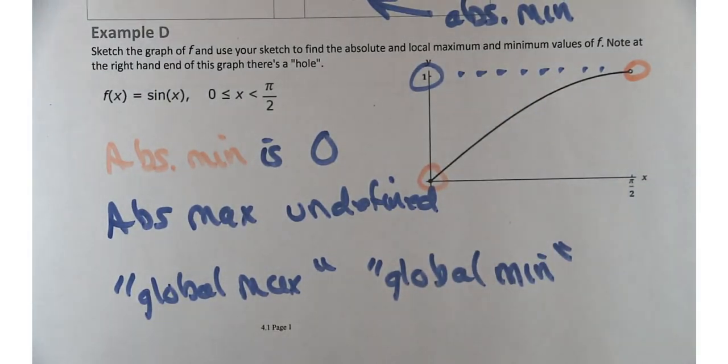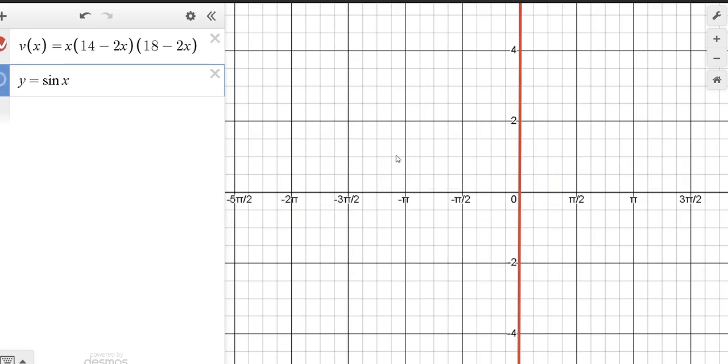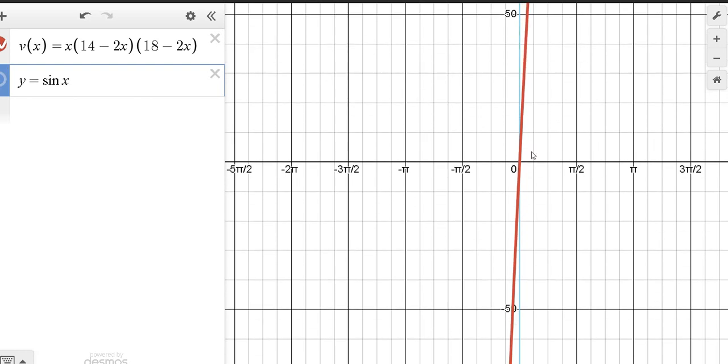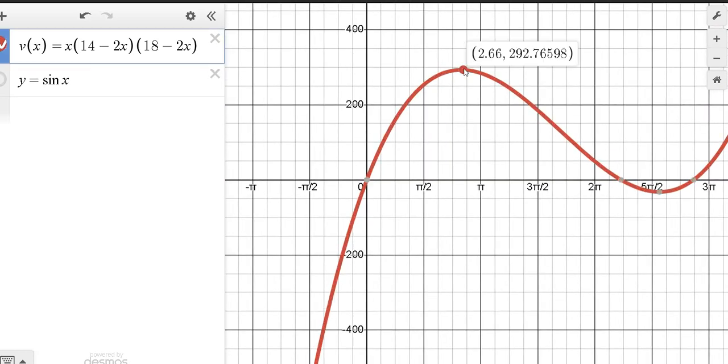Now that's in contrast to, say, a local min or a local max. Let's look back at this function here. And I have to scale out my graph a little bit. There you go. This is a local max, and this is a local min.